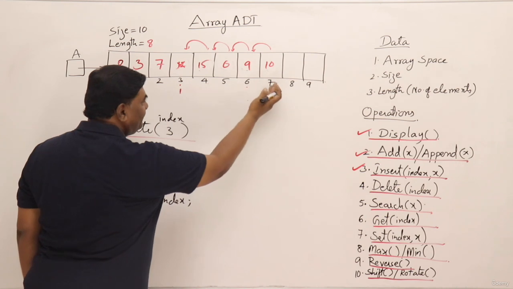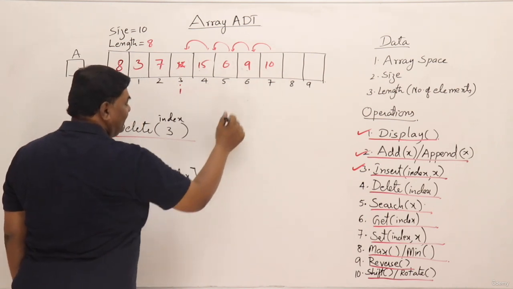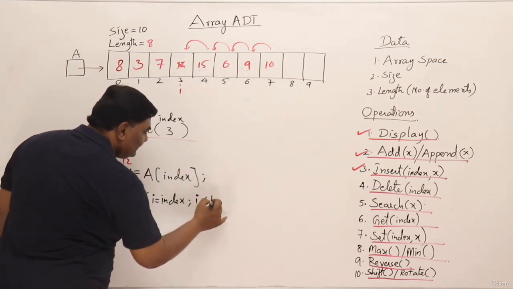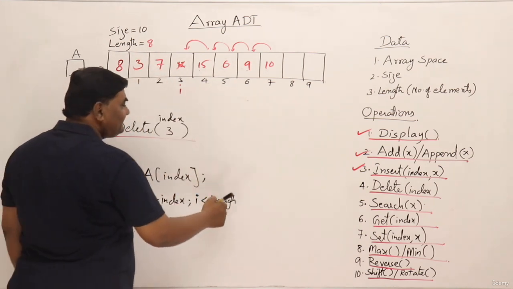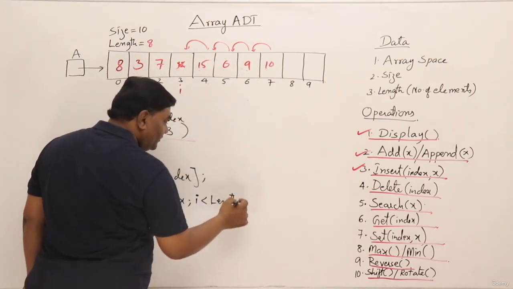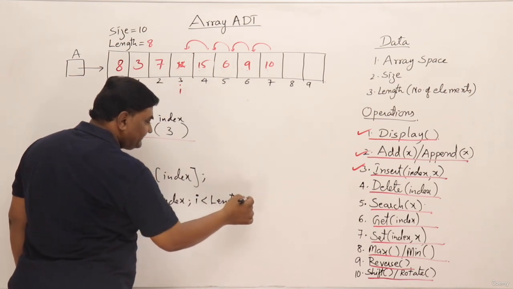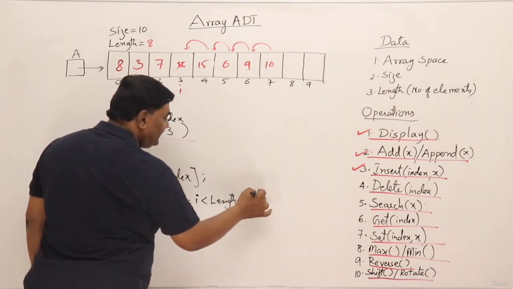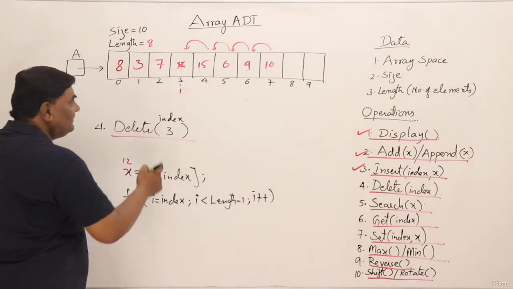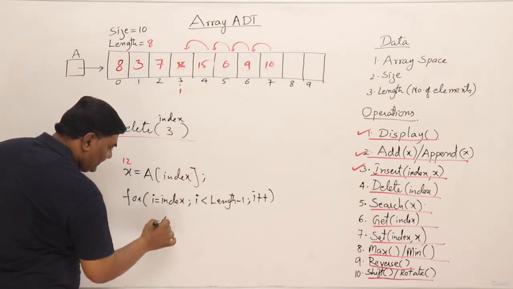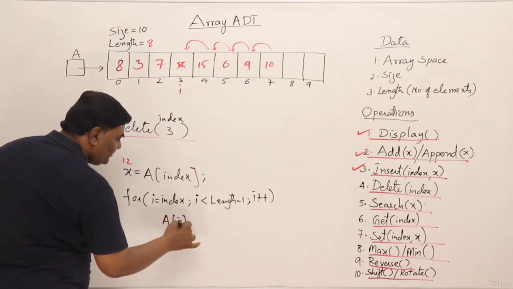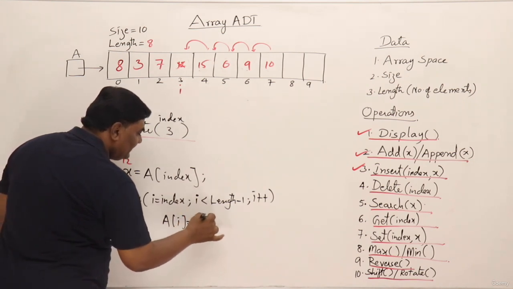Being at 6, it can copy the element from index 7. So i should be less than length. Actually length is 8, less than length means 7. No, it should stop at 6, so less than length -1. And i is moving forward every time, so i plus plus. Now what i has to do, being here, it should copy the element from the next index. So at A of i, it should copy the element from A of i plus 1.